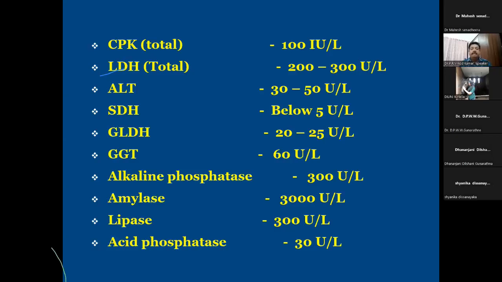Alkaline phosphatase should be below 300 units per liter. Amylase should be below 3000 units per liter. Lipase should be below 300 units per liter. Acid phosphatase should be below 30 units per liter. These are the normal levels of commonly used enzymes in canine medicine.